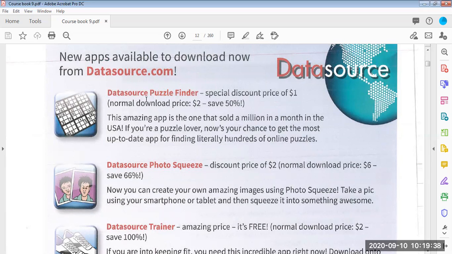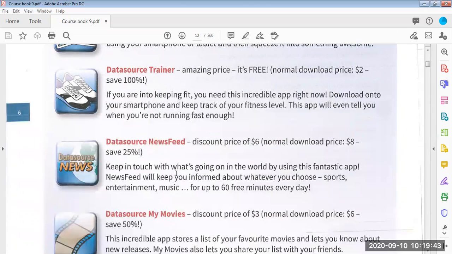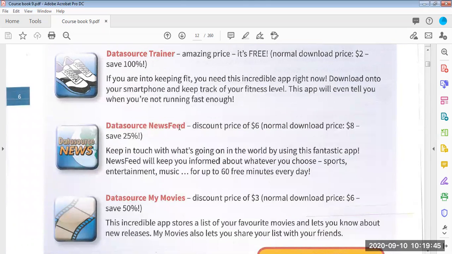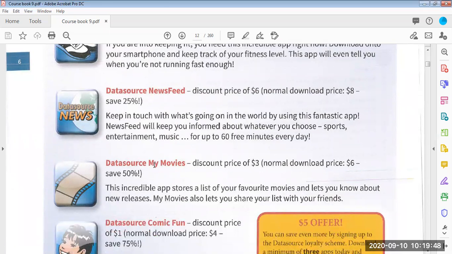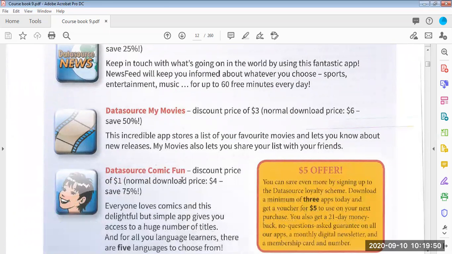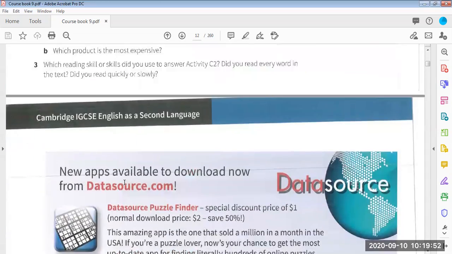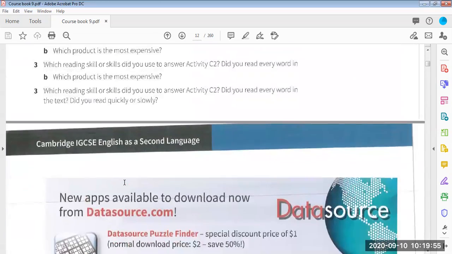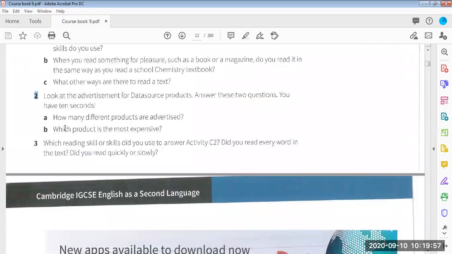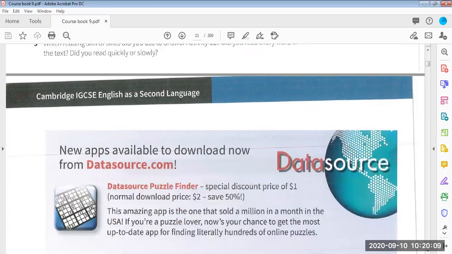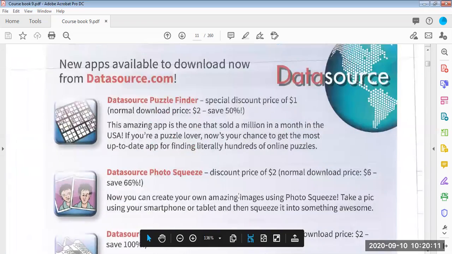You can see Data Source Puzzle Finder, Data Source Photo Squeeze, Data Source Trainer, Data Source News Feed, Data Source My Movies, Data Source Comic Fun. So we have a total of 6 products. You can say a total of 6 products were advertised. And what technique did we use? We used the scanning technique to answer the question.